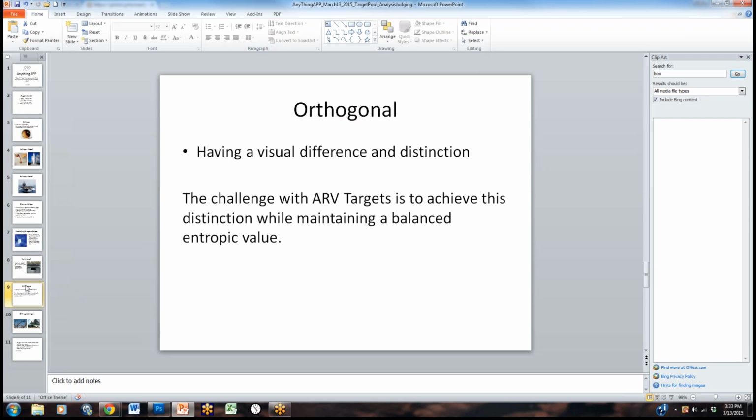Orthogonal. I'm defining that as having a visual difference and distinction, to be simple, in terms of ARV targets. And here again, I say the challenge with ARV targets is to achieve this distinction while maintaining a balanced entropic value.